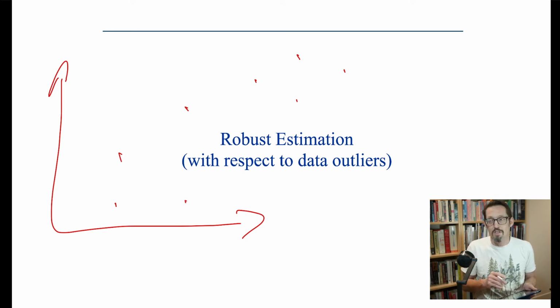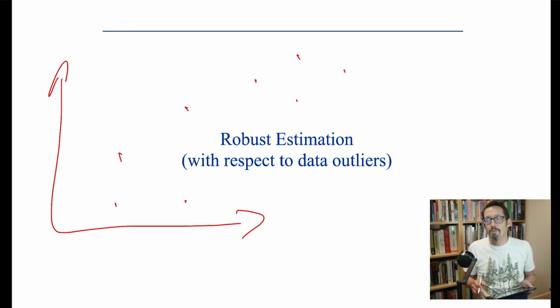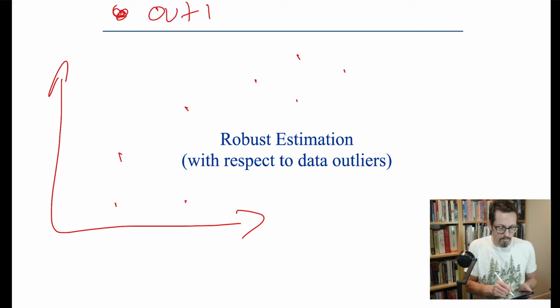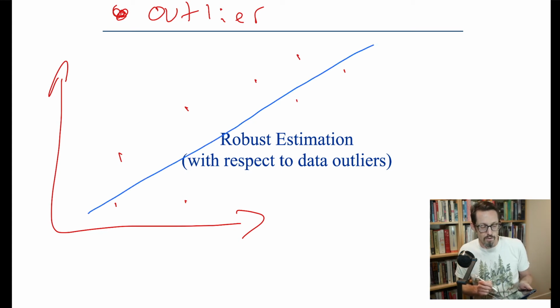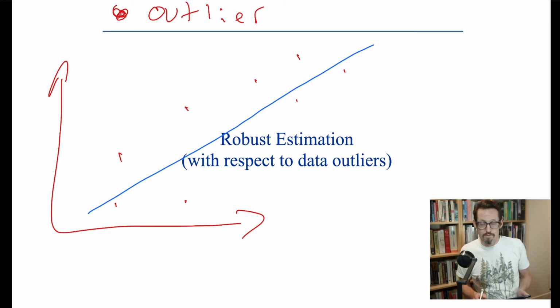So it's not just the usual thing where there's a process with some noise, but somebody threw an orange into the middle of all of your apples, okay? So there's one data point that's way out here, and this is your outlier. All the rest of them, we could fit some line on them that was relatively cool, but this outlier way the heck out and gone is going to mess up your fit.